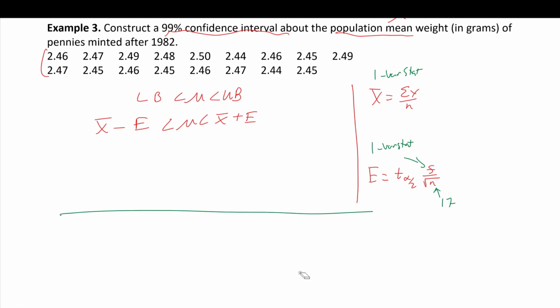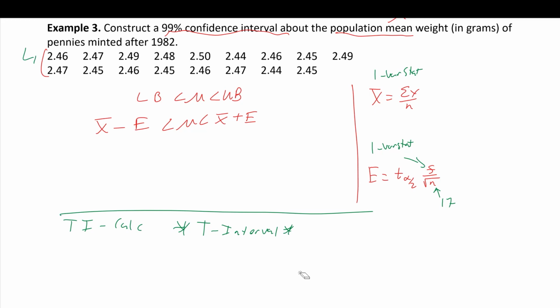If we use a TI calculator, we're going to use the function TInterval. We're going to have to put this list into our calculator also. I'll put this under L1.